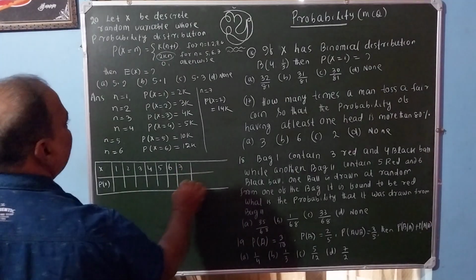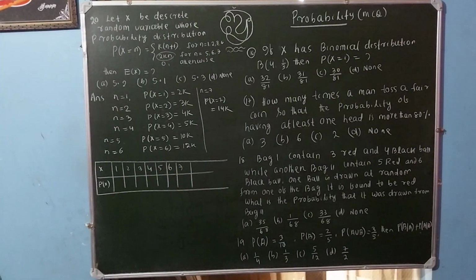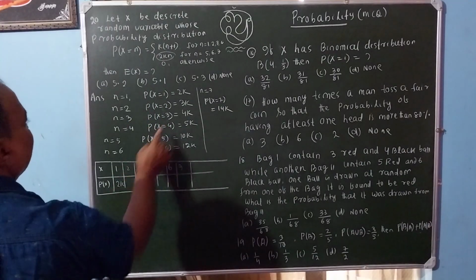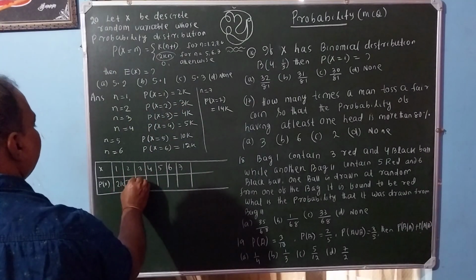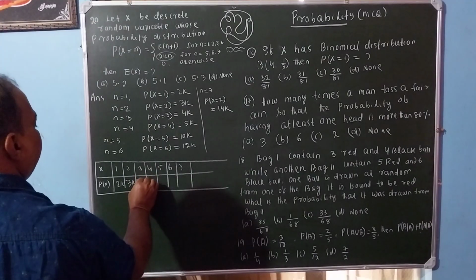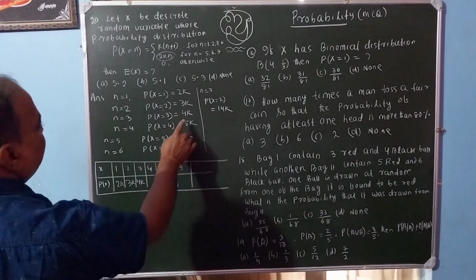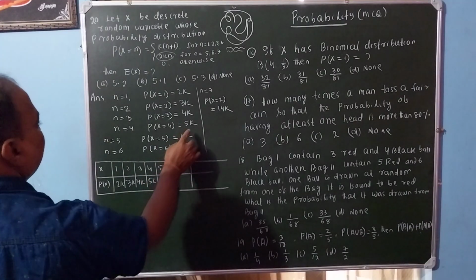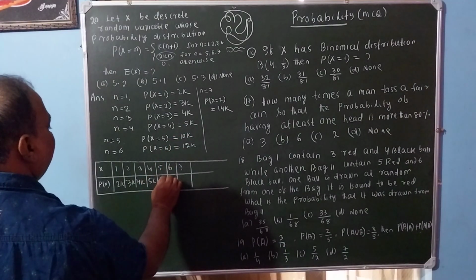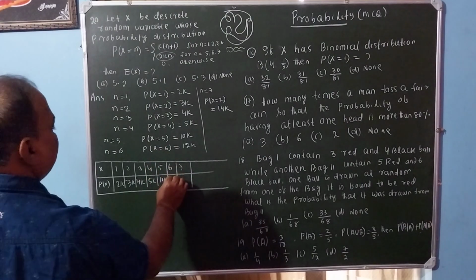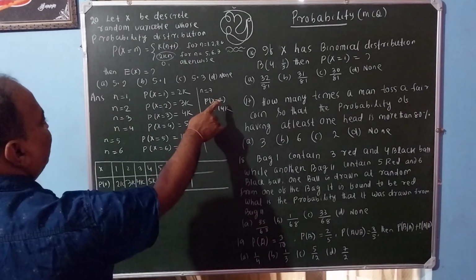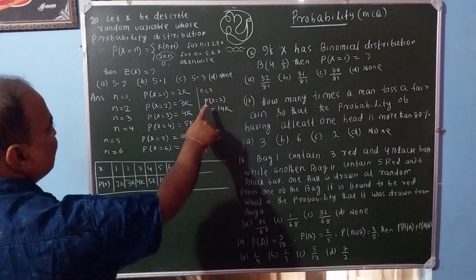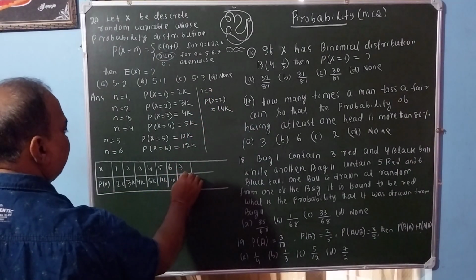When x is 1, it is 2k; for 2, it is 3k; for 3, it is 4k; for 4, it is 5k; for 5, it is 10k; for 6, it is 12k; then for 7, it is 14k.